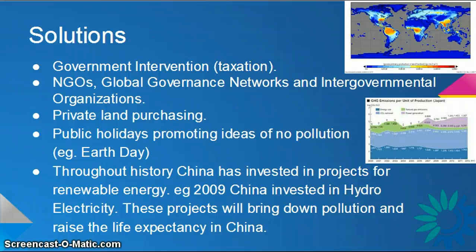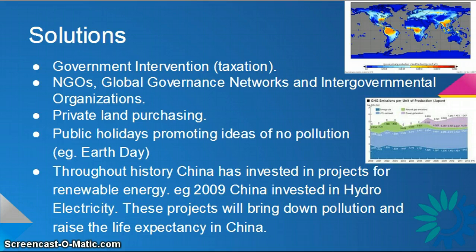Multiple governments in countries like India, South Africa, China, Taiwan, Australia, New Zealand, Japan, Costa Rica, and many more have started to tax businesses, industries, facilities, and factories if they were to pollute the environment in any way.